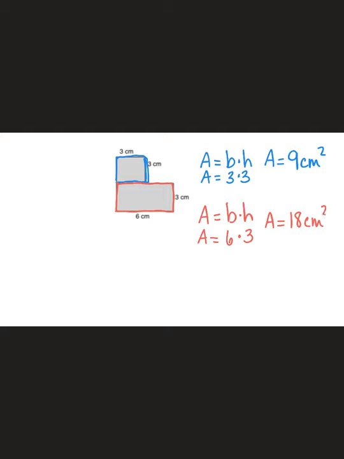Now, if we want to find the total area of the compound figure, what do we need to do with the 2 areas? Yeah, so we can write the number sentence, 9 centimeters squared plus 18 centimeters squared equals the total area of the compound figure. And we get 27 centimeters squared.